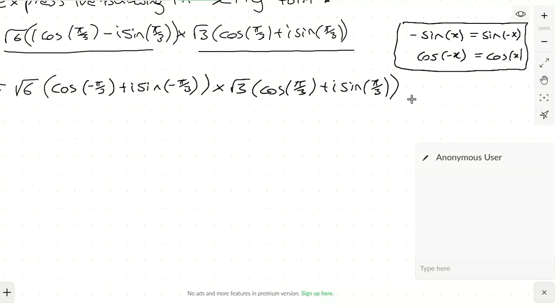And now I'm happy because, okay, I've got two different complex numbers, but this is at least in nice modulus argument form. I've got it exactly as I want it.